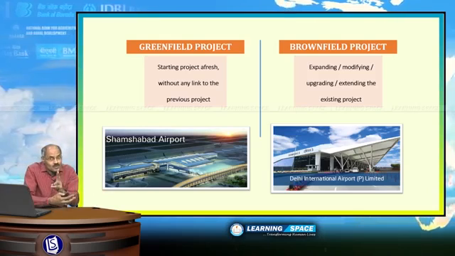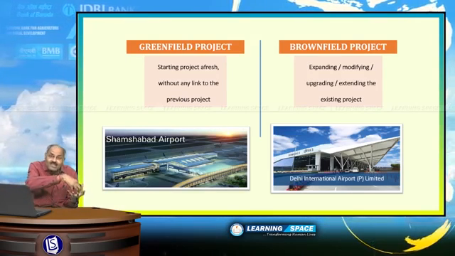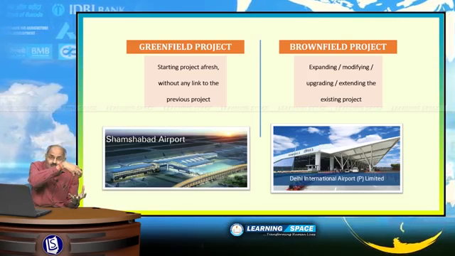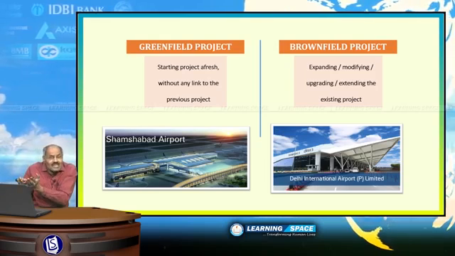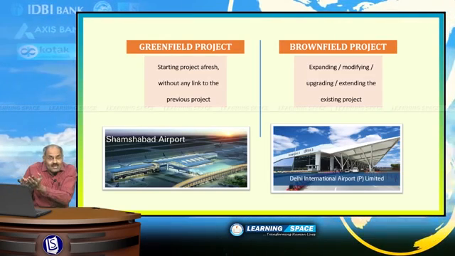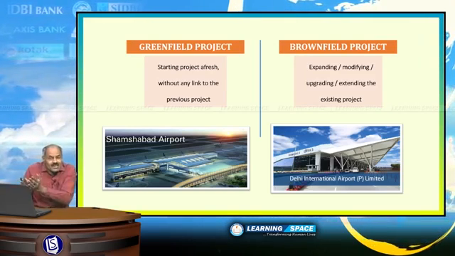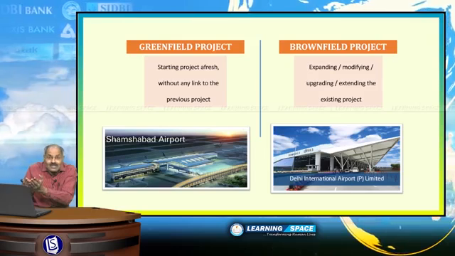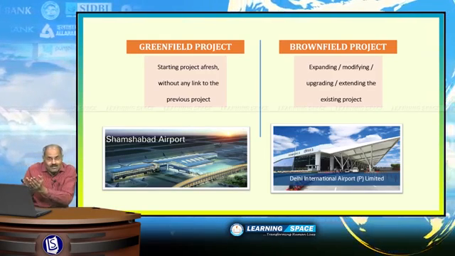Government had two options, whether to upgrade the infrastructure at Begumpet Airport, or construct a new airport altogether at a new place. Constructing any new project at a new place is known as a greenfield project.